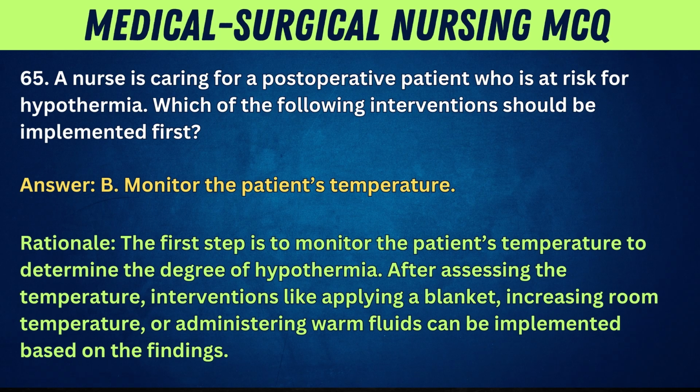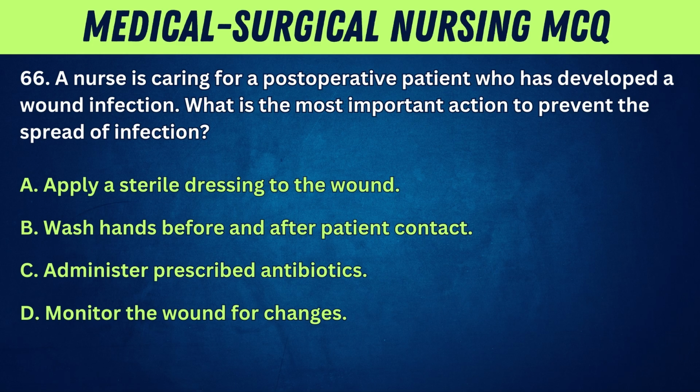on the findings. 66. A nurse is caring for a postoperative patient who has developed a wound infection. What is the most important action to prevent the spread of infection? A. Apply a sterile dressing to the wound. B. Wash hands before and after patient contact. C. Administer prescribed antibiotics. D. Monitor the wound for changes.